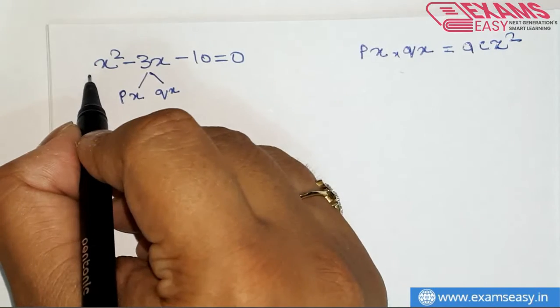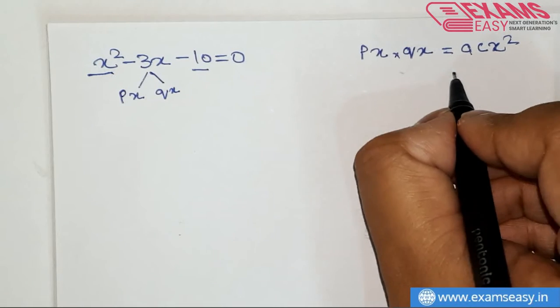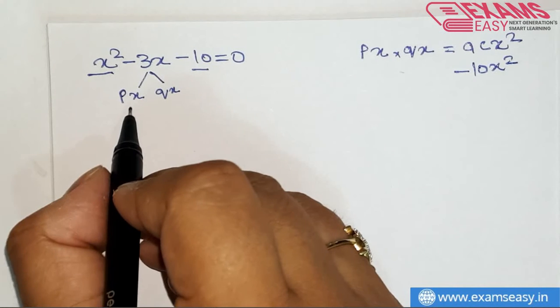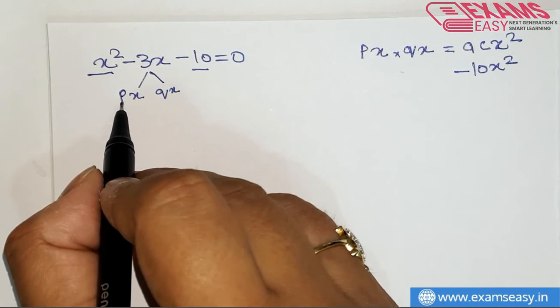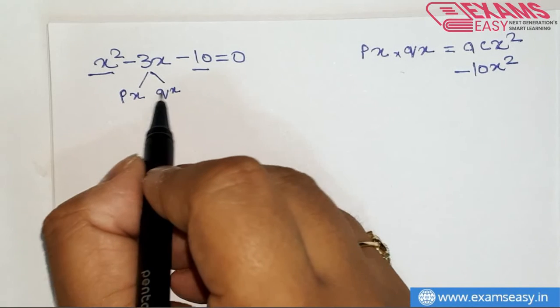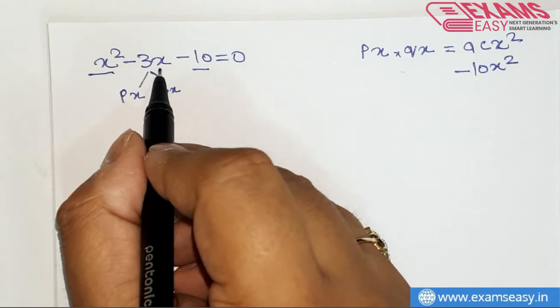That means the product of the first term and the last term, and it is nothing but −10x² in this case. And further, we have to choose px and qx in such a way that the summation or the subtraction of px and qx should give us the middle term, that is bx.